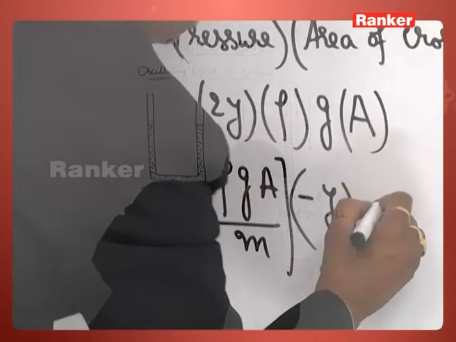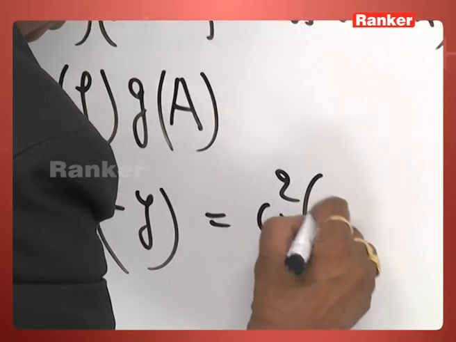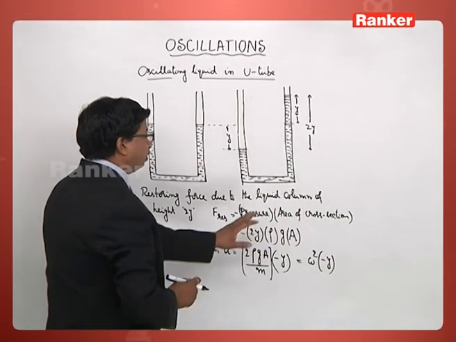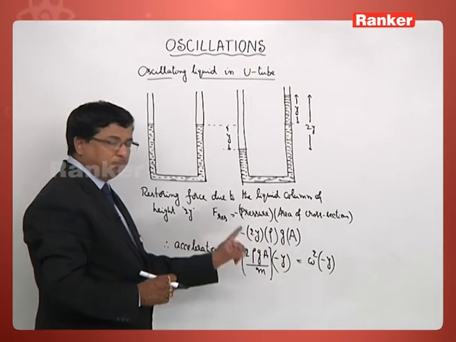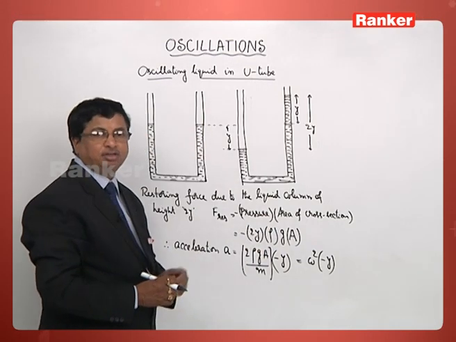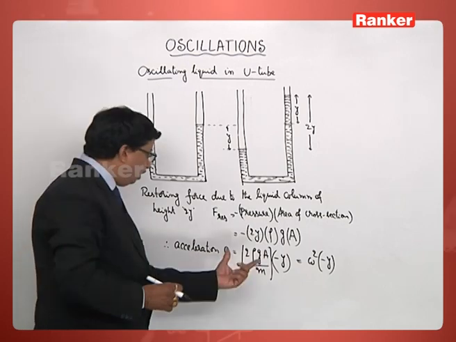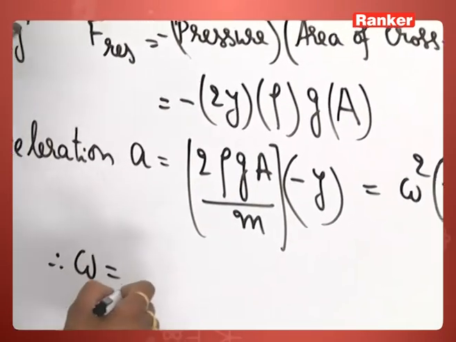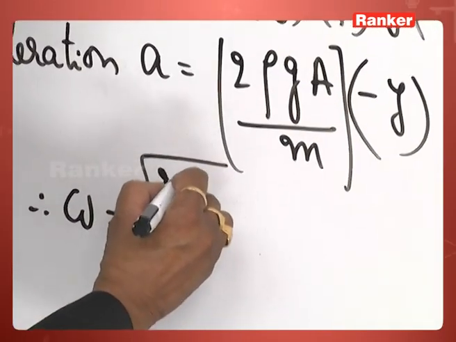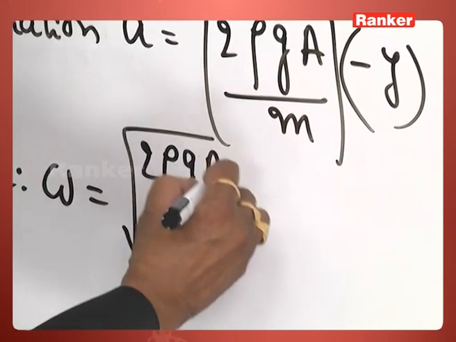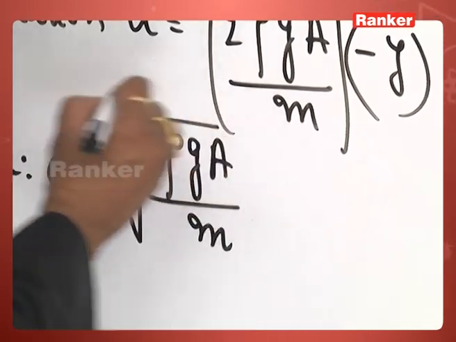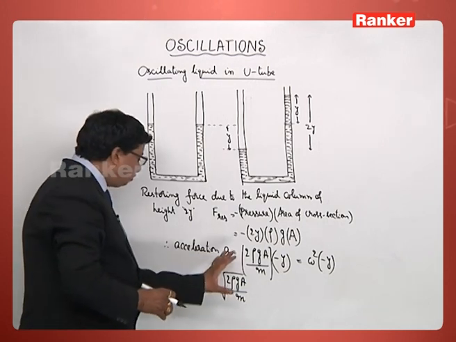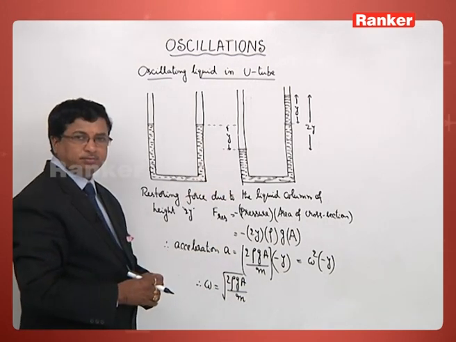This is just similar to omega square into minus Y. That is the basic equation which gives simple harmonic motion of that body, in this case the liquid. So you can now understand the value of omega: omega becomes under root 2 rho g A by M. That is the concept one has to understand here.